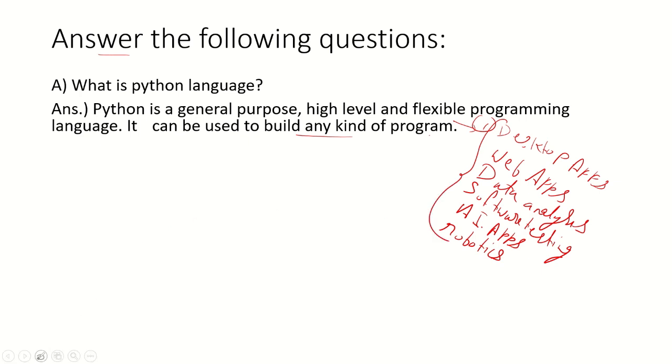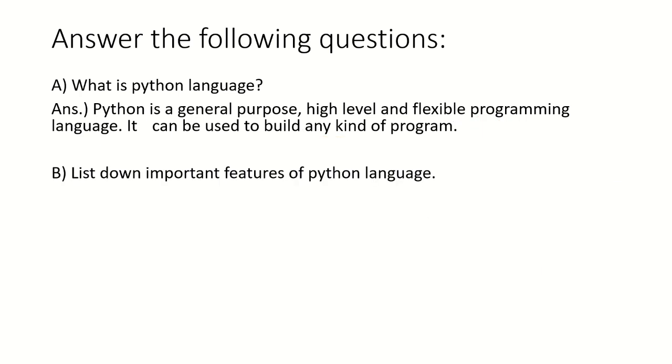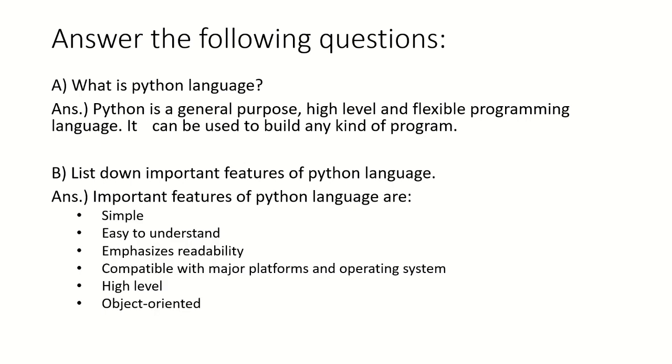Now coming to our next question, list down important features of Python language. So the answer is, some of the important features are given here. It is simple, easy to learn syntax, it emphasizes readability, compatible with major platforms and operating systems.